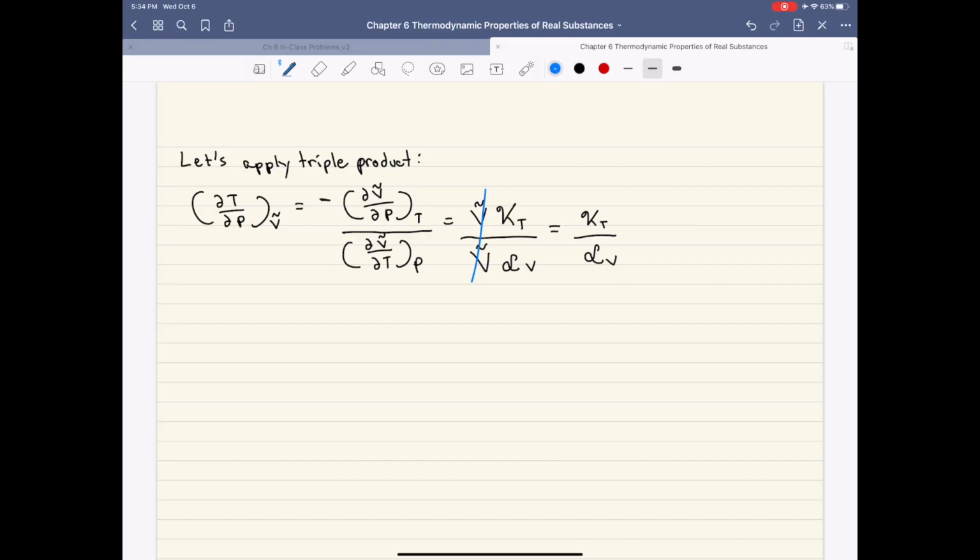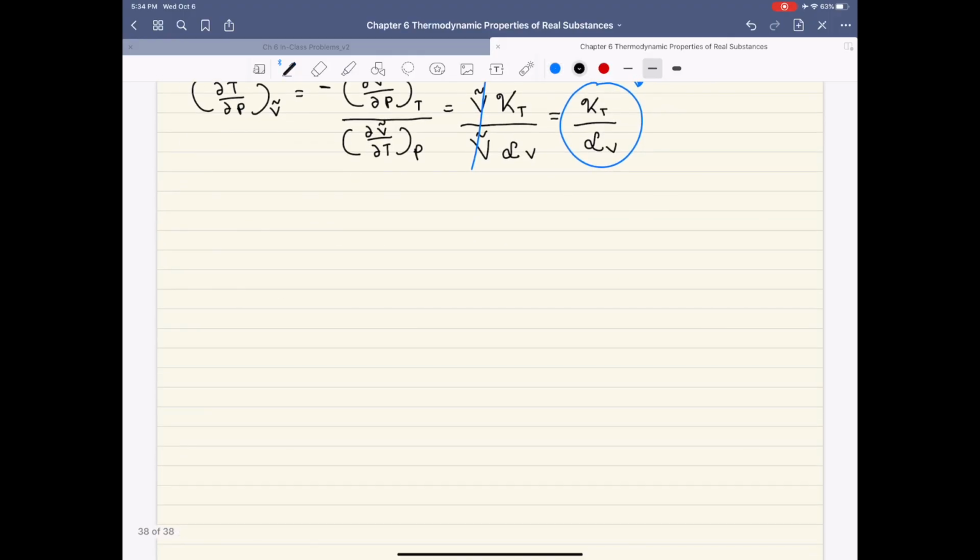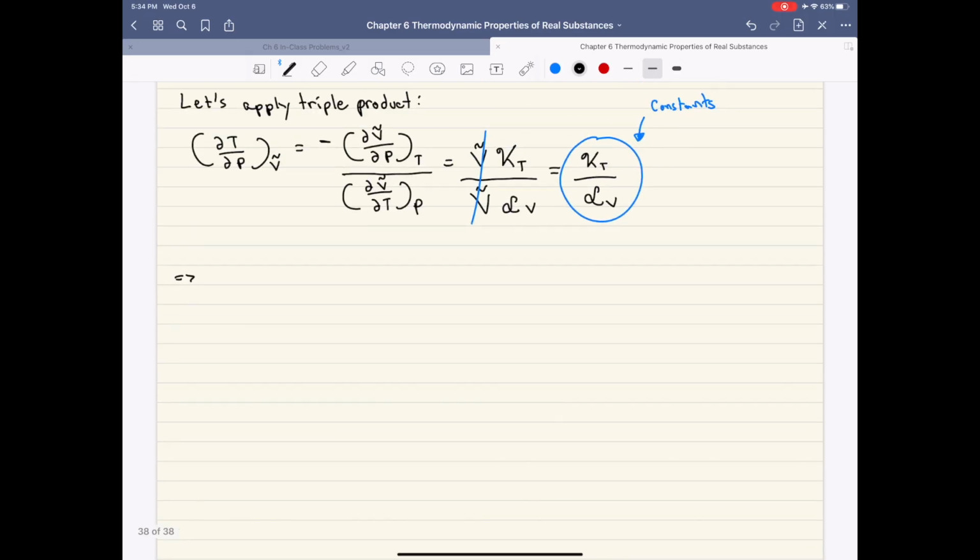And for our system, both of these things are constants, and that helps simplify the problem. So if we go back to our temperature equation, T2 minus T1, we want to integrate dT/dP at constant V, which we showed is just equal to this, from P1 to P2.